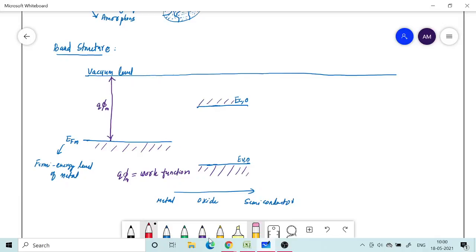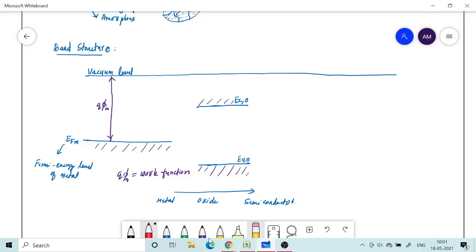It is many orders of magnitude larger. That is why insulators are not good conductors, because there is no vacancy available in the valence band. There are no holes here, and also there are no free electrons in the conduction band because of the large energy gap.